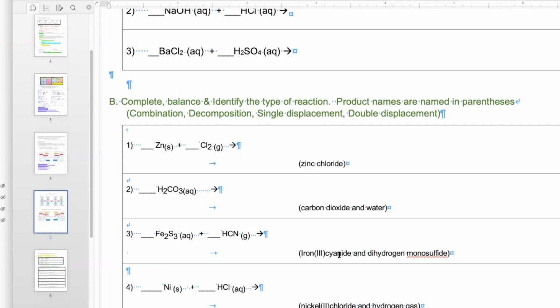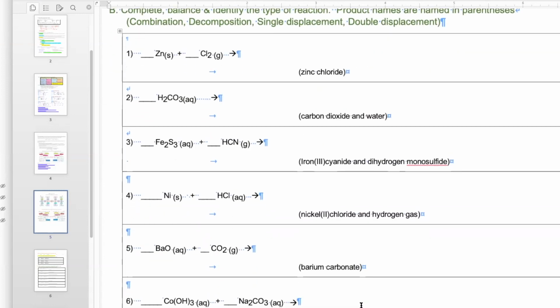So crisscross, you need 3 cyanides for every 1 iron. That's the formula. And then dihydrogen monosulfide, H2S. Once you get the formula, then you can balance the equation. That's why I give you the name. It's to refresh, to make sure that you guys remember naming these things.